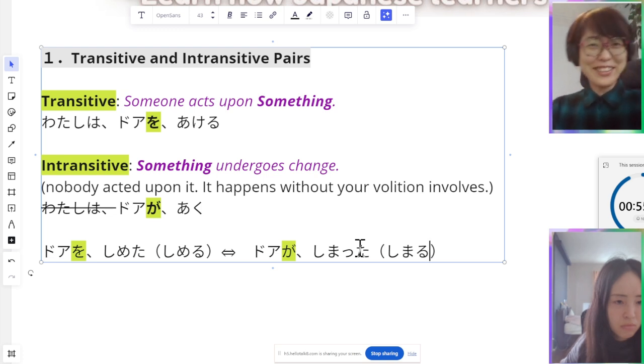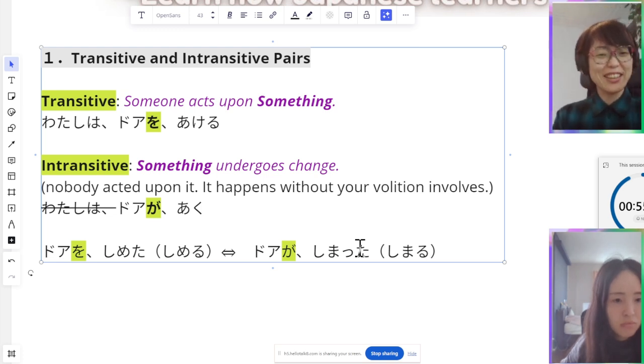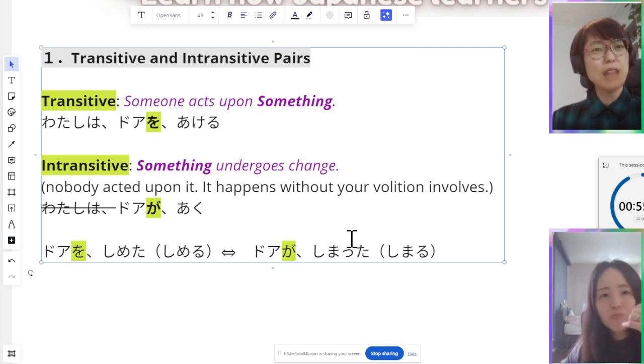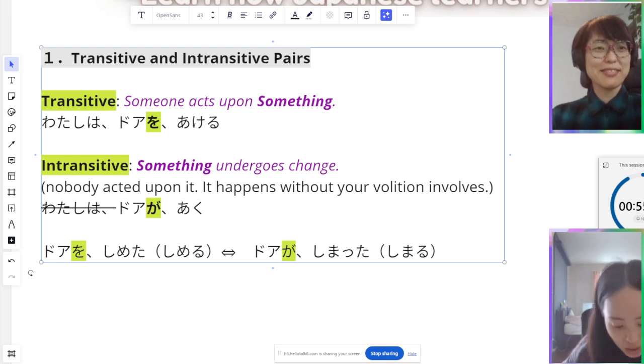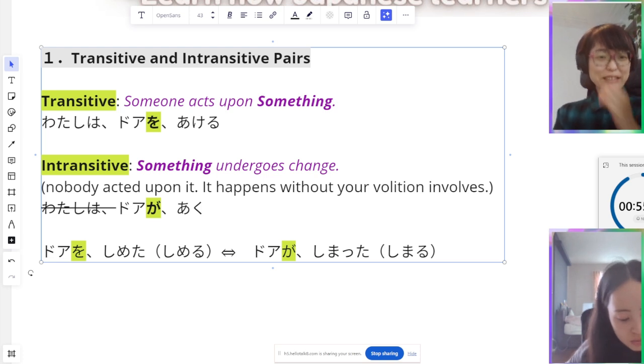Yeah, so let's see transitive and intransitive verbs. Okay, tell me, what is the definition of transitive? Transitive involves subject and object. Yes, subject and object.